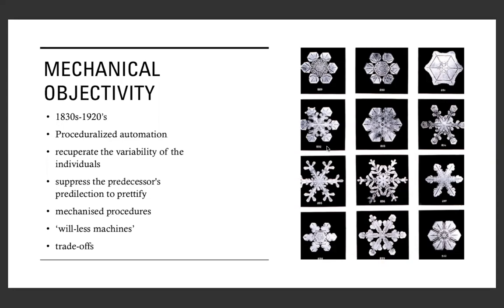This was directly responding to truth to nature, and to a large extent going against it. This is the idea of proceduralized automation, and what the practitioners who upheld mechanical objectivity tried to do was to recuperate the variability of the individuals, right?